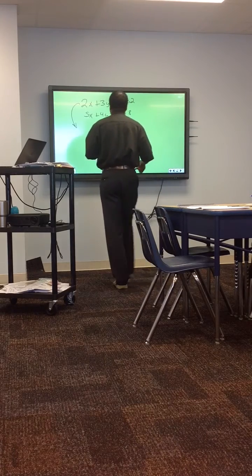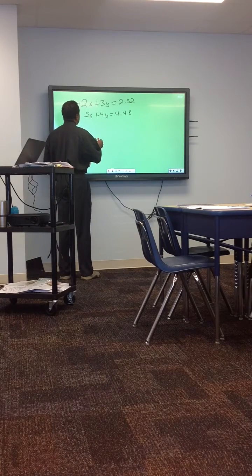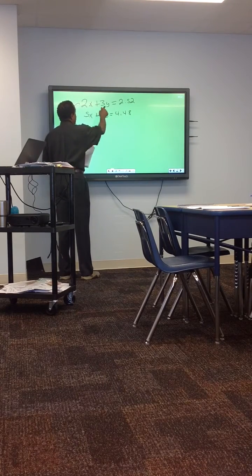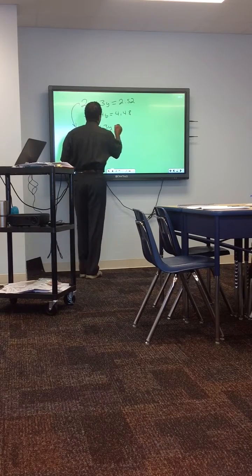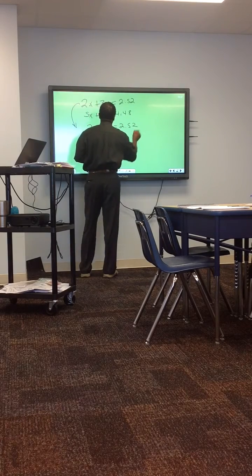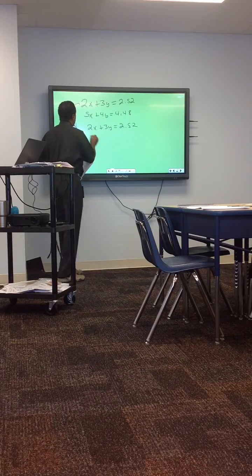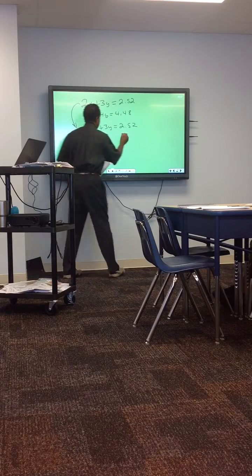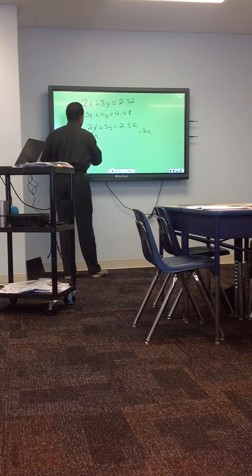Okay, so let's solve for y. We will bring this back down: 2x plus 3y is equal to $2.52. And what we're gonna do now? Subtract 2x. All right, 2x is canceled.